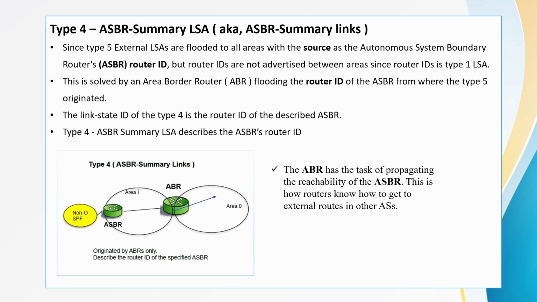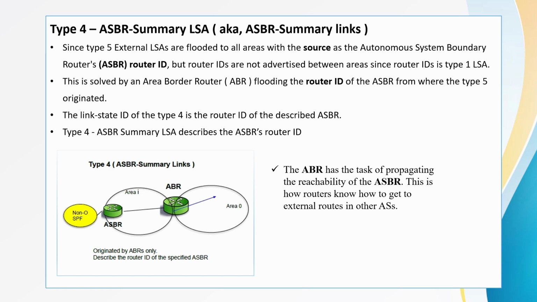Since type 5 external LSAs are flooded to all areas with the source as an autonomous system boundary router ID, but the router ID is not advertised between areas since the router ID is a type 1 LSA. Remember, we talked before, type 1 LSA is not flooded out of the areas. So how to solve this problem?